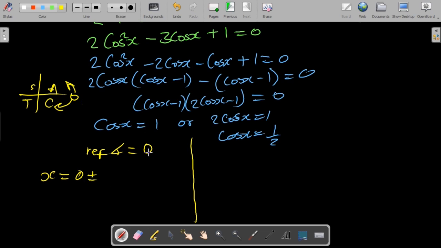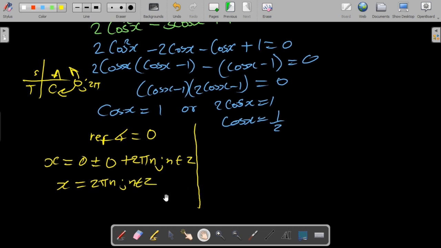So plus or minus the reference angle plus the period multiplied by some integer. Okay, so that is one way. And at that same point, you can also interpret it as 2 pi. It's totally up to you which one you choose to use, either 0 or 2 pi, because it's the exact same point. So now I just have x equals 2 pi n, where n is an integer.